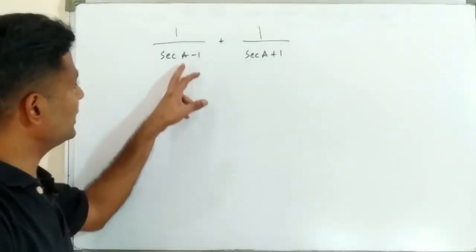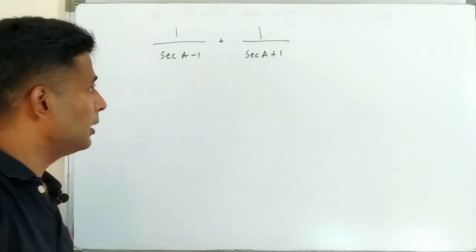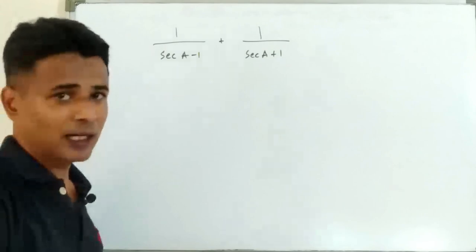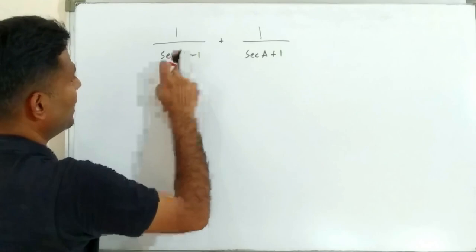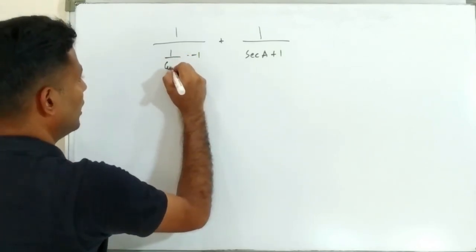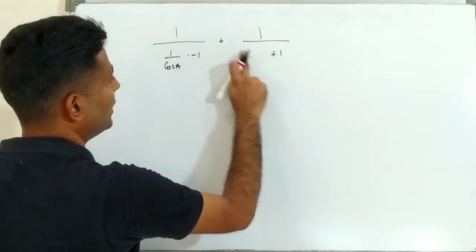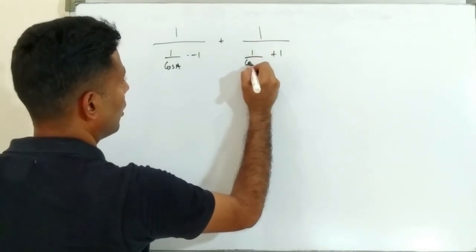Alright guys, now the next question: 1 by cosec a minus 1, into 1 plus 1 by cosec a plus 1. So what I'll do is, first I'll convert cosec a to 1 by sin a... I'll write cosec a as 1 by cos a, similarly this can be written as 1 by cos a.